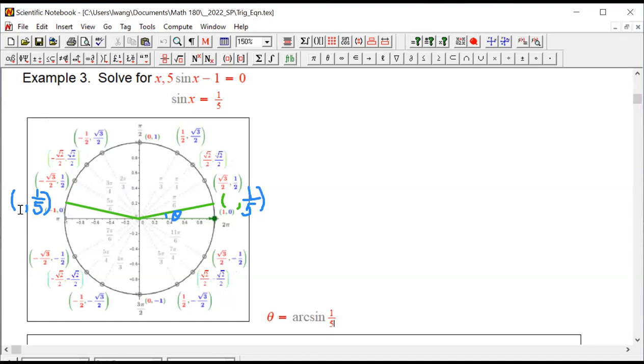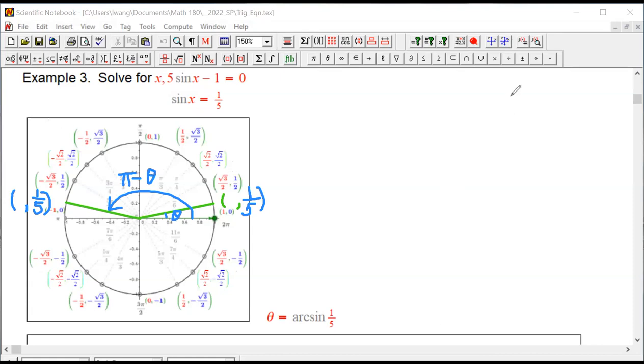How about this other angle? How do you measure it? You can measure counterclockwise or clockwise. You terminate here, and if you measure this way, this angle will be pi minus theta. So we found these two terminals.